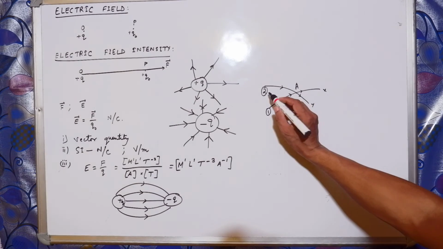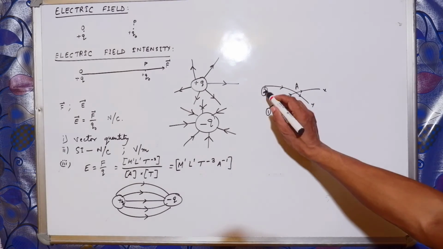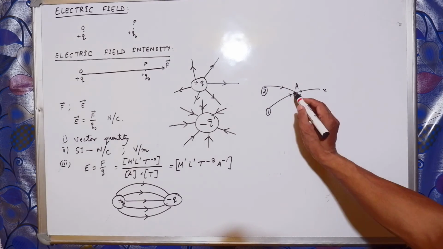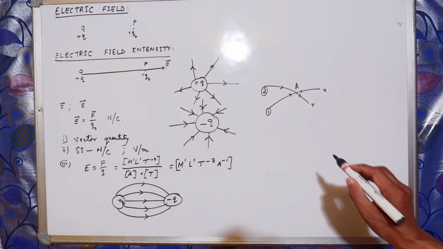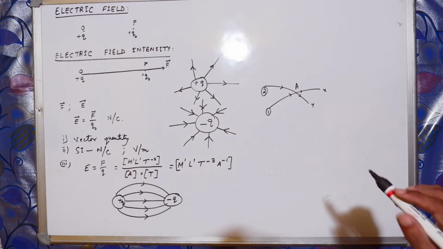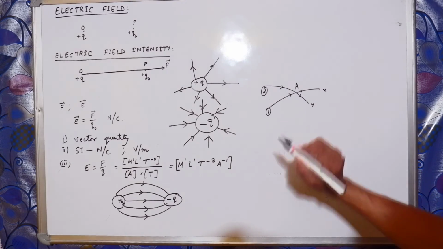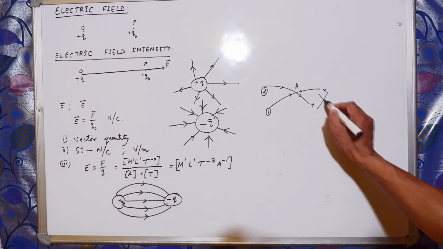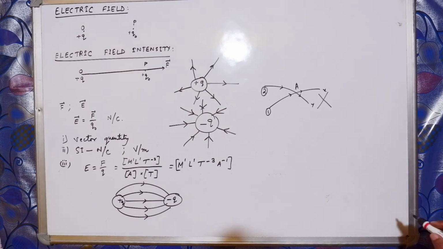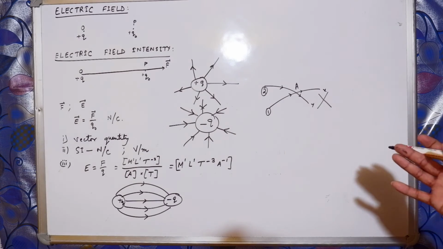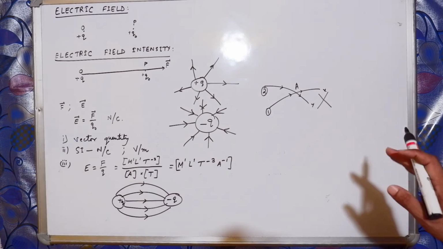Similarly, if we look at electric field line number 2, at point A again, it will have two directions, one along X and another along Y, which is again not possible for a vector quantity to have two directions at the same point, in this case at point A. As a result, these two field lines cannot intersect each other. They may go very close to each other, but the two electric field lines will never intersect each other.